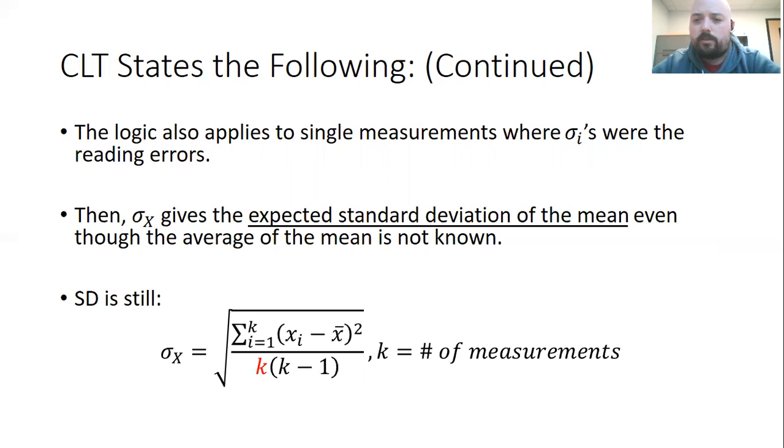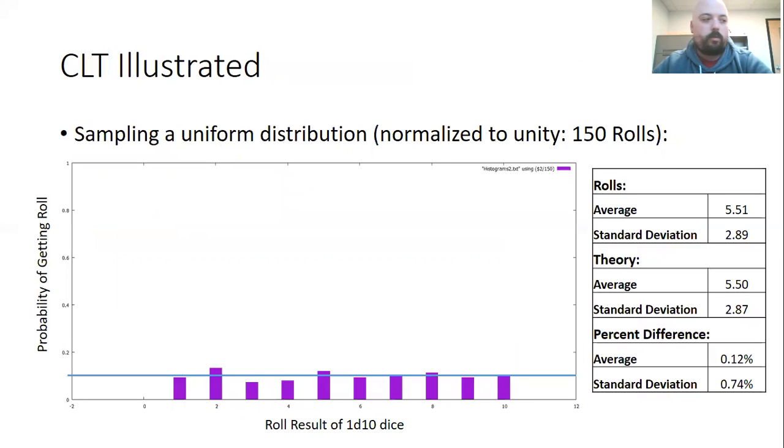This still follows how we would define the typical standard deviation, but now this standard deviation of the mean value would have to be modified by the number of measurements that are taken. In that case, it could be K or M or however many were taken before.